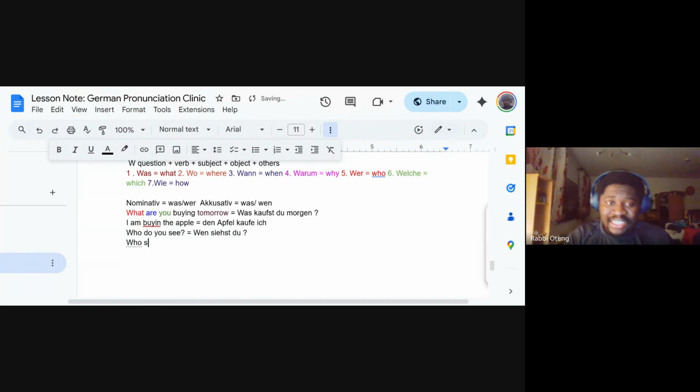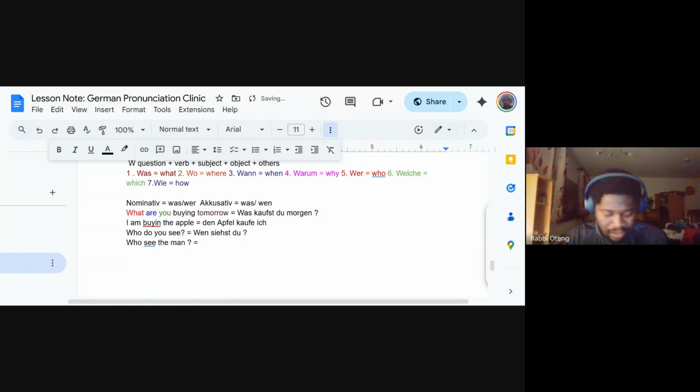In this case, the seeing is performed by who? Who is performing the action in this sentence? Basically, the "see" comes after "who," so who is performing the action here. But in the earlier one, the verb comes after "you," the person performing the action.